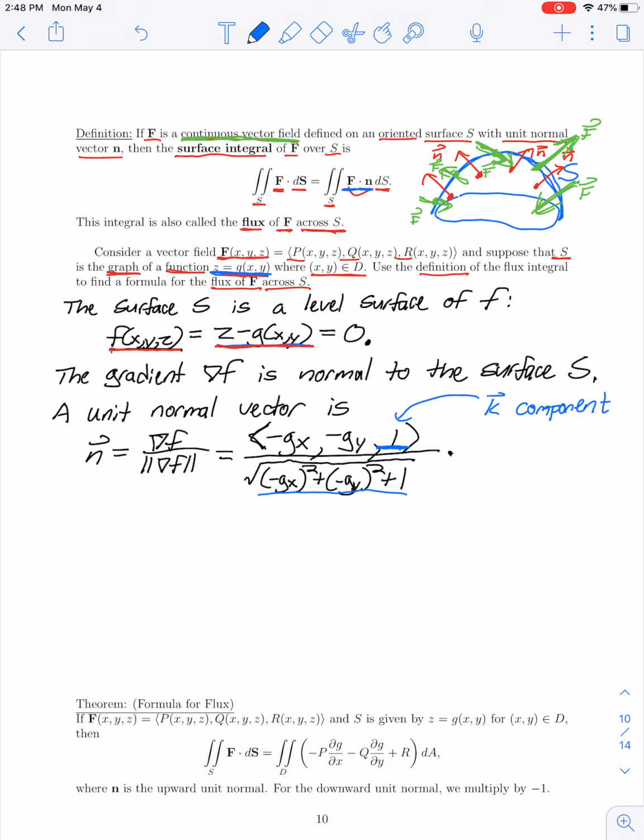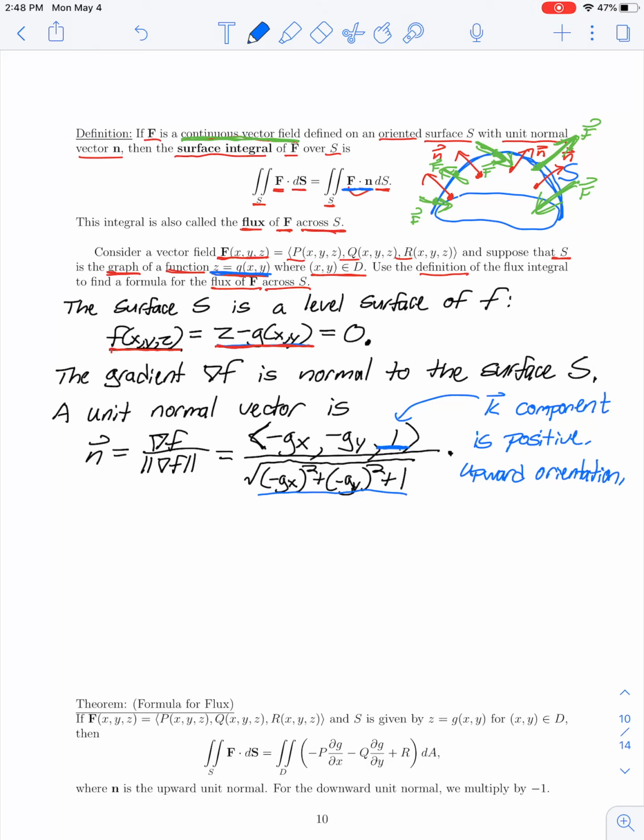So notice that this k component is positive. So this corresponds to the outward or upward unit normal vector. So here we have the upward orientation for the given unit normal.